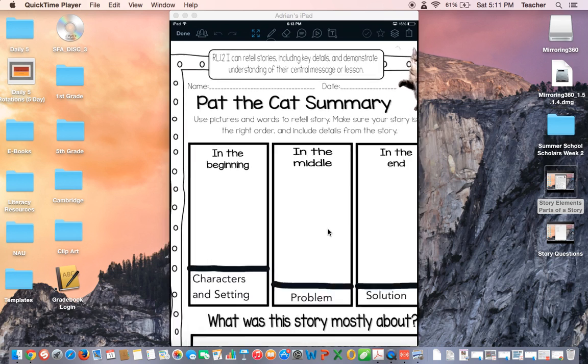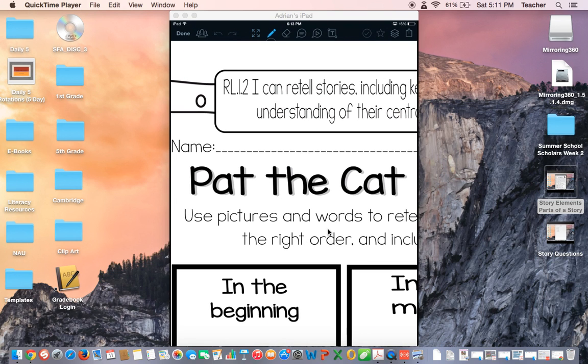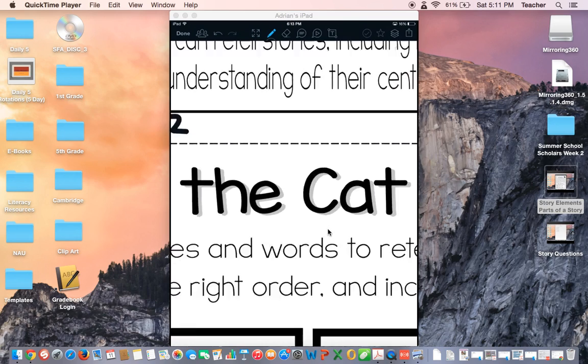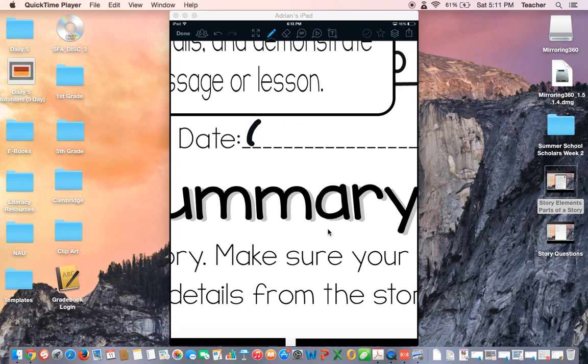Let's start off by writing our name. And the date. We've talked about how to write the date in words and how to write it in numbers.